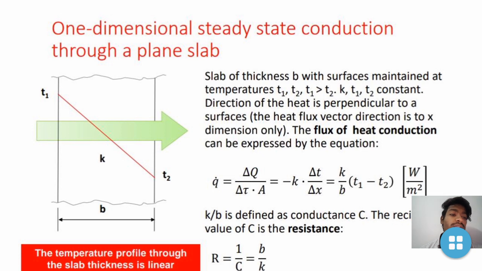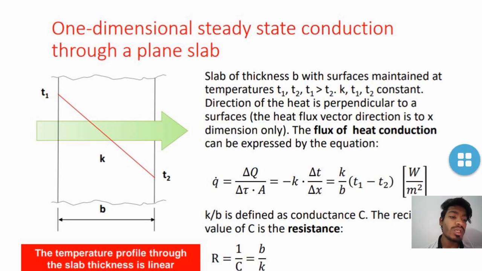The heat flux vector direction is in the x dimension only. The flux of heat conduction can be expressed by the equation q dot equals delta Q by delta tau into A, equals minus k into delta T by delta x, equals k by B into T1 minus T2, in W/m².